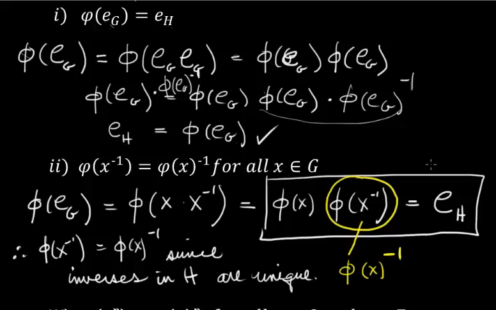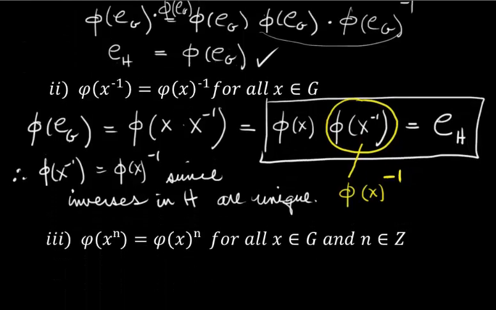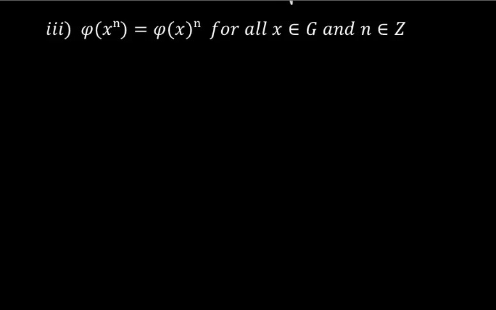Then there's a part 3 of this theorem that asks us to prove that phi of any power of x is mapped to phi of x to that same power. So I guess we'll have to use induction here. Clearly, when n is equal to 0, we have the identity.